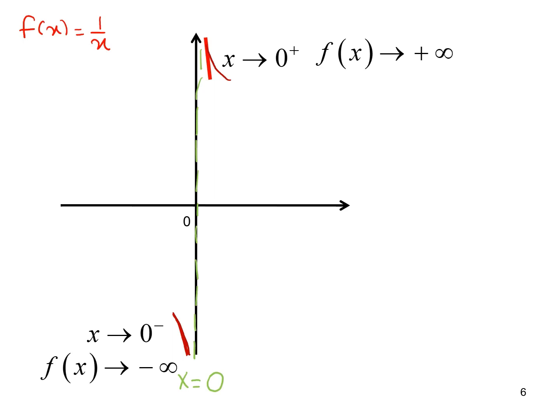For the horizontal asymptote, we know that y equals 0 is the horizontal asymptote. This is the line y equals 0. And we test the limit when x tends to positive infinity, f(x) tends to 0. Therefore, the graph might be somewhere here, approaching y equals 0.